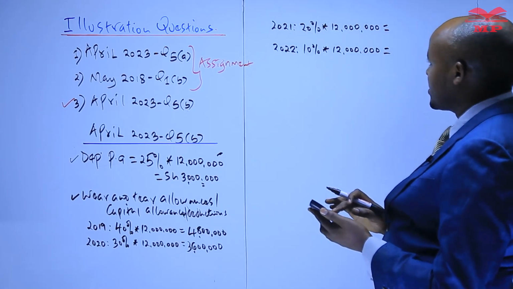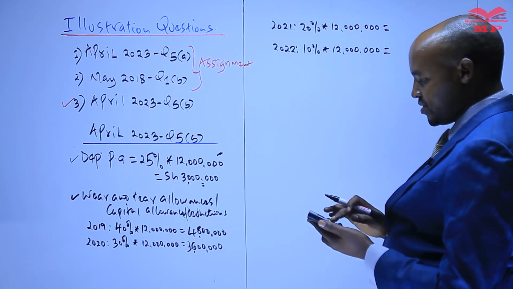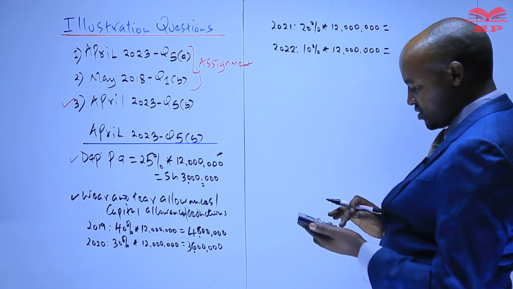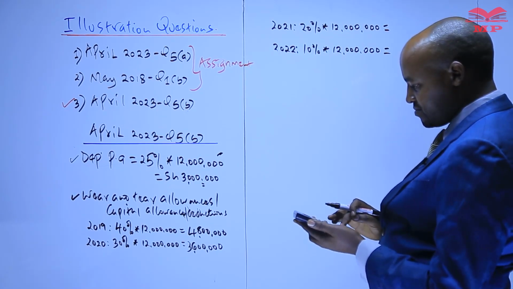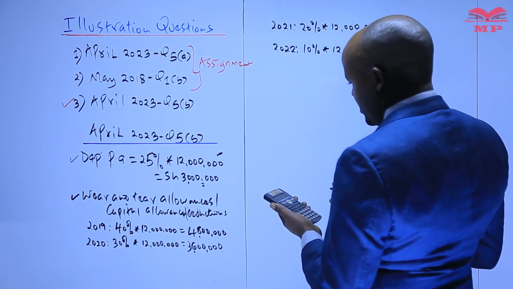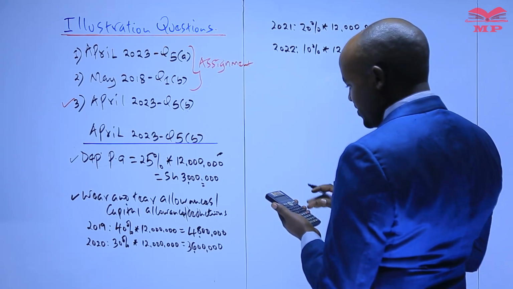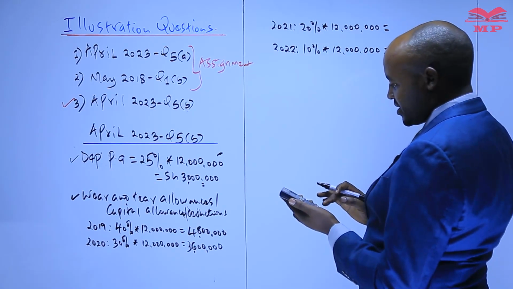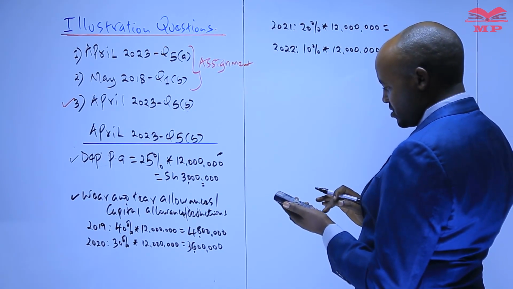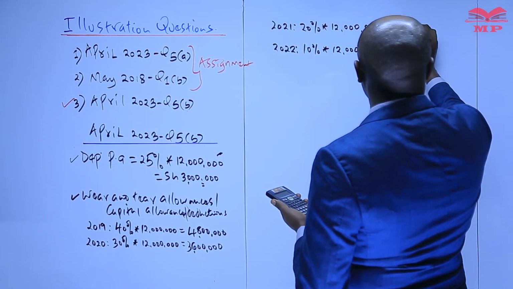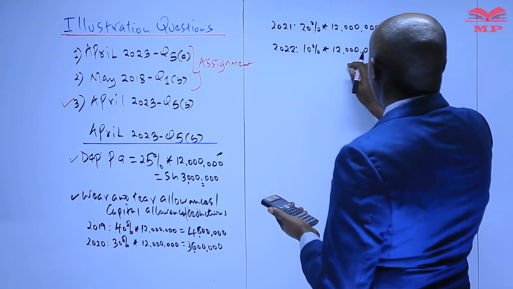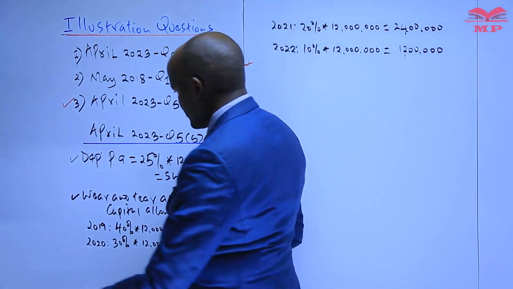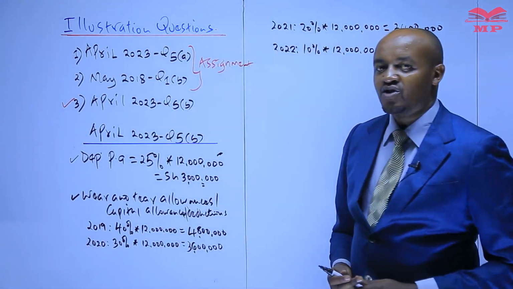And then the year 2021 is 20% of 12 million, and that will give us 2.4 million, and 10% of that will be 1.2 million. So these are the capital allowances as far as this particular equipment is concerned.